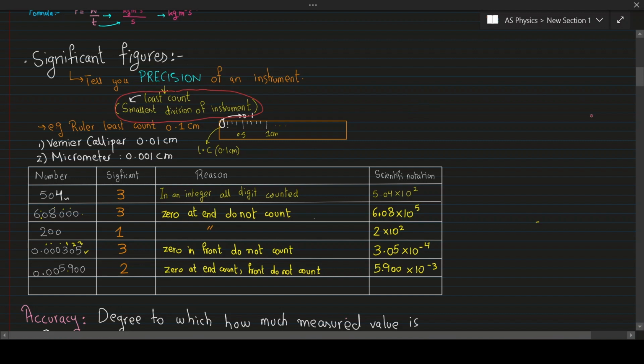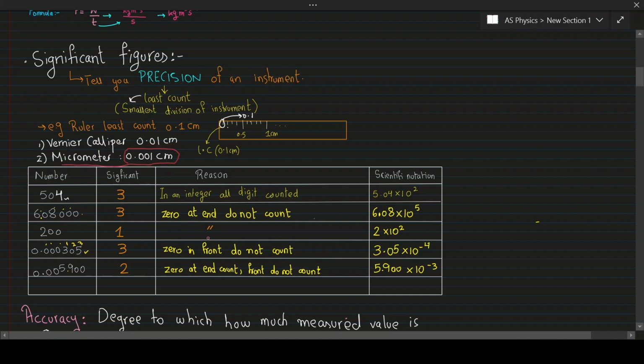Like if we have a ruler, then the smallest division, the least that a ruler can count is its least count. And it's probably, you know that it's 0.1 centimeter. Similarly, vernier caliper has least count of 0.01 centimeter, and micrometer is more precise that it has least count of 0.001 centimeter.